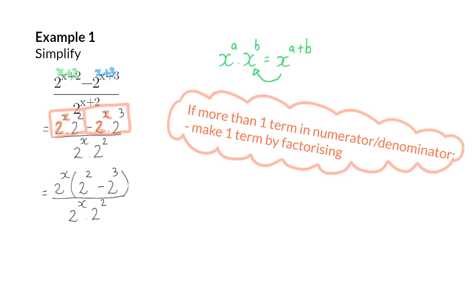Now, both the numerator and denominator have one term, so I can simplify by dividing. 2 to the power of x divided by 2 to the power of x is 1. So here we are left with 2 to the power of 2, or 4, minus 2 to the power of 3, which is 8, over 4. This can be simplified to minus 4 over 4, which in the end is minus 1.